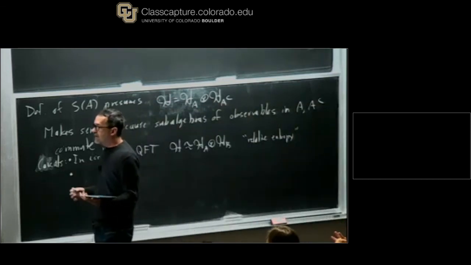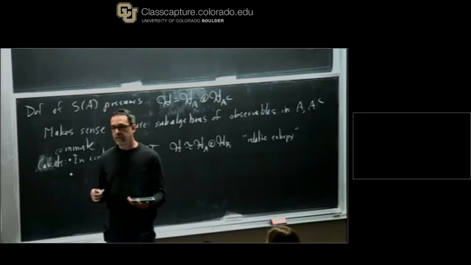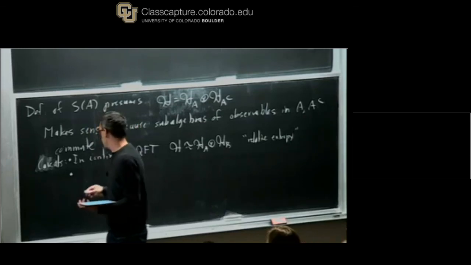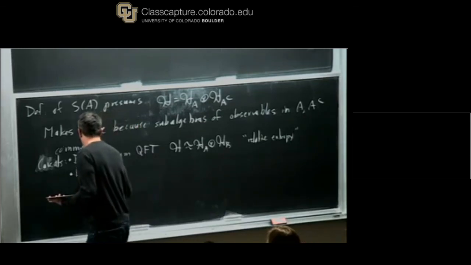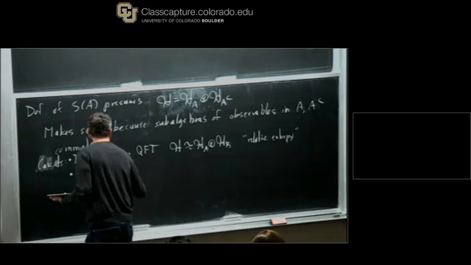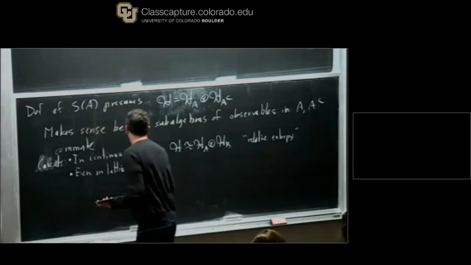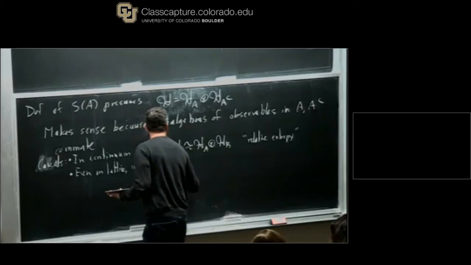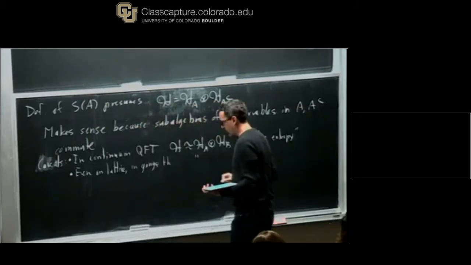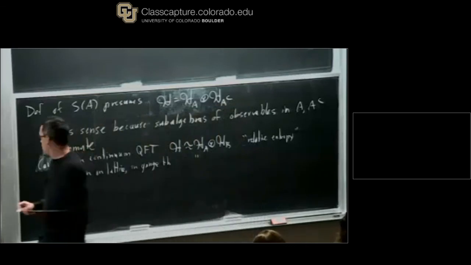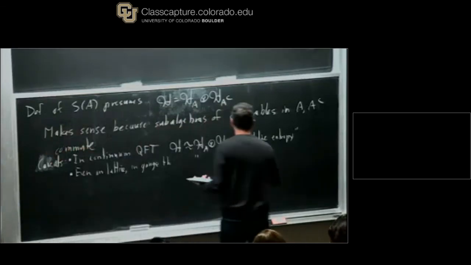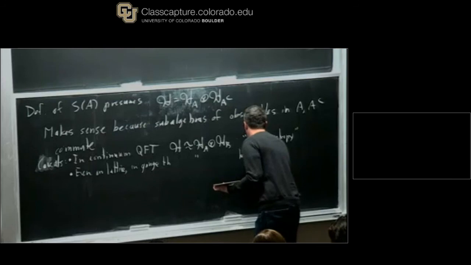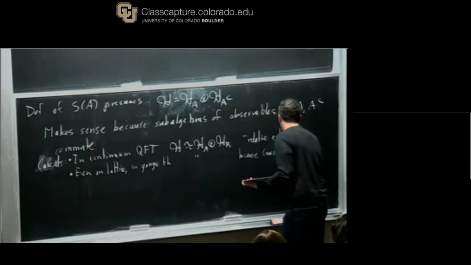If you're on a lattice, you might say there's no problem, but there's still a problem if you're doing a gauge theory. So even on a lattice, in a gauge theory, you have this approximate equality because the Gauss law constraint connects the inside and the outside.